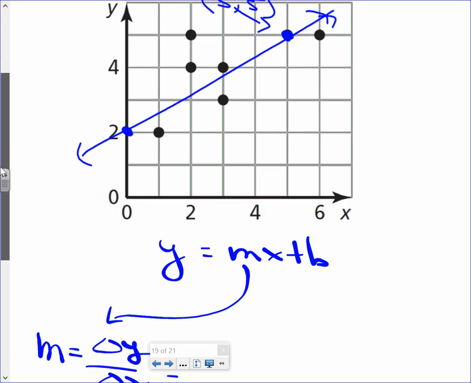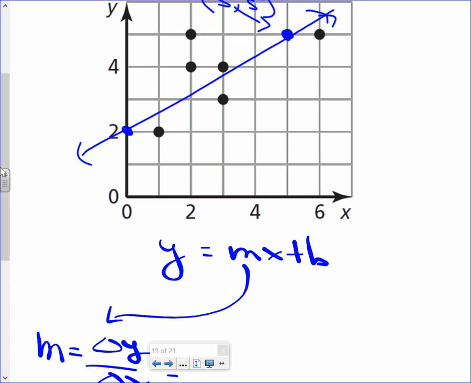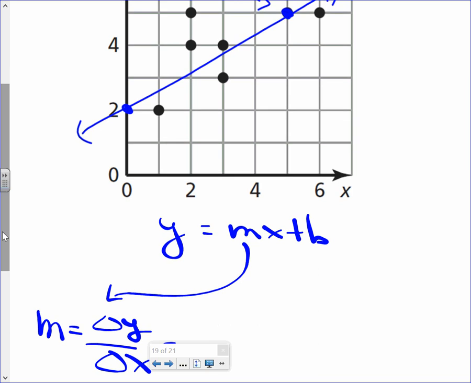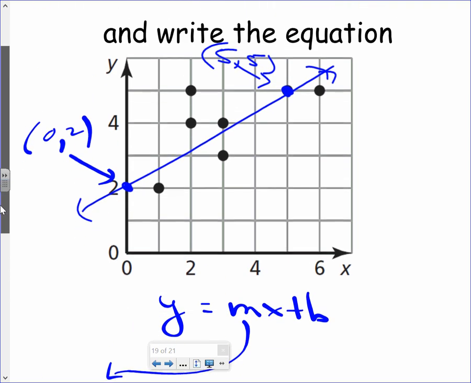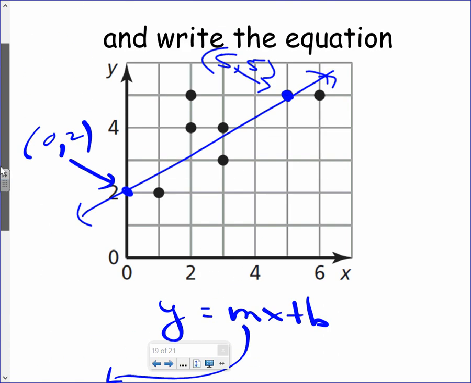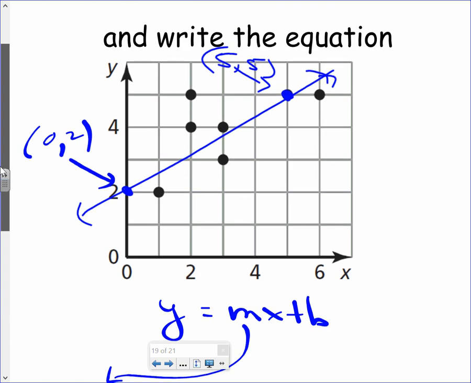We just need to pick two coordinates on the line. 0, 2. Right? So I got 0, 2, the y-intercept, and I got 5, 5. So delta y is 5 minus 2. Delta x is 5 minus 0, huh?